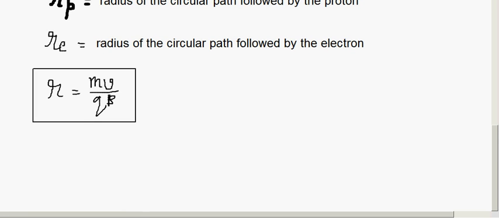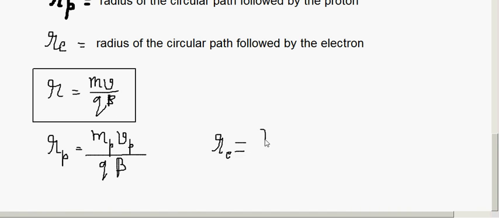So now I can write, for same speed and magnetic field, for Rp: mass of proton, velocity of proton, divided by Q, that is the charge of proton, into the same field B. Similarly for the electron: mass of electron into velocity of electron divided by QB.